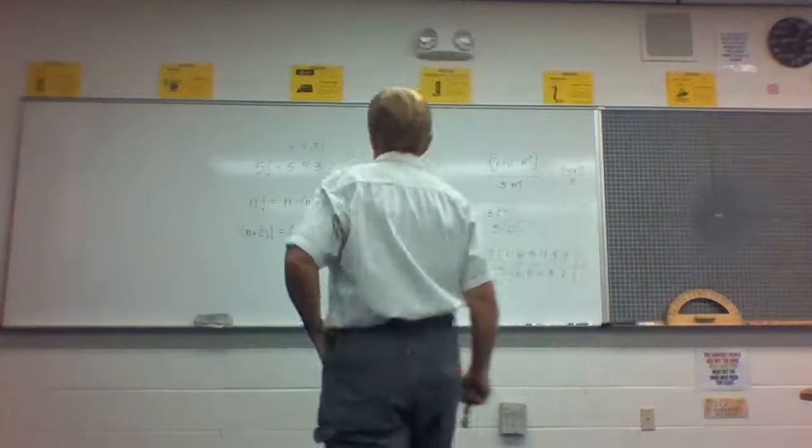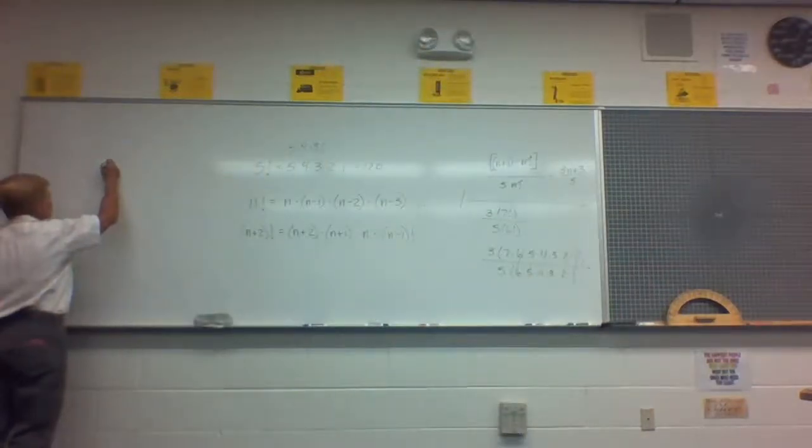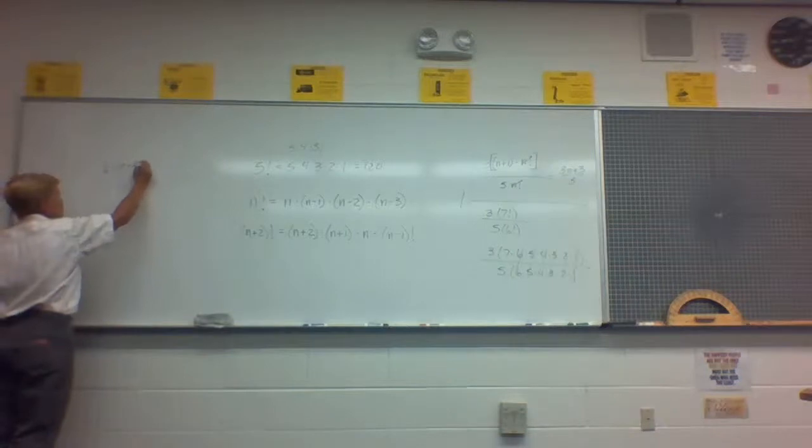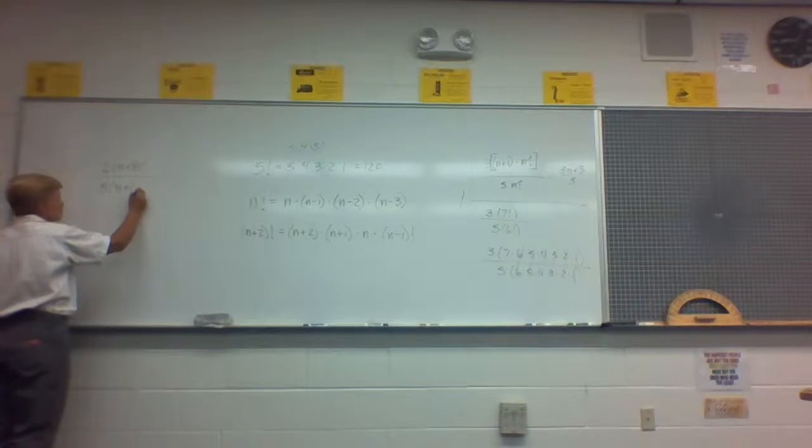So just to make sure you got this concept down, can you simplify this for me? 2 times, I'm going to put parentheses, n plus 3 factorial over 5 times n plus 1 factorial.